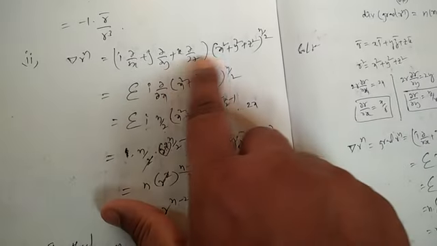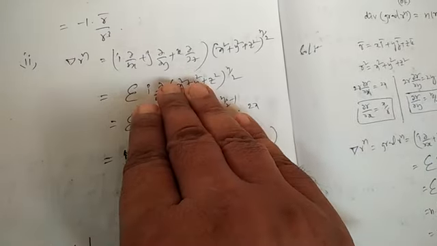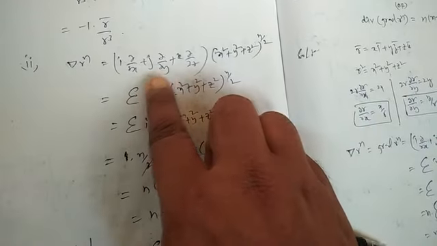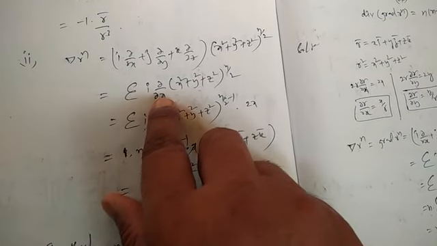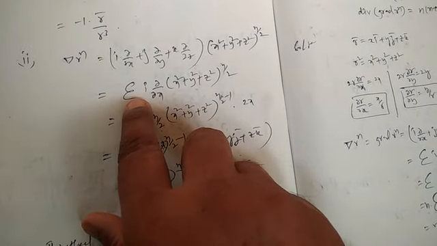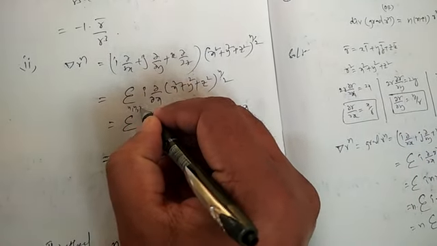Now this term is only for x. After getting the simplest form, I split it into the y term and z term. I write only the x term and use a sigma for the x, y, z terms.